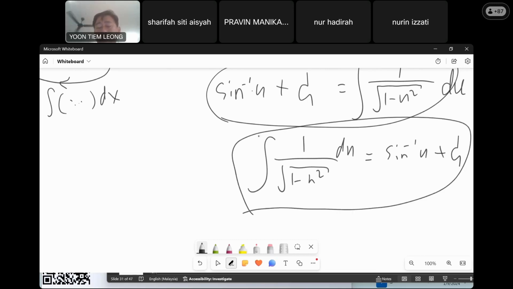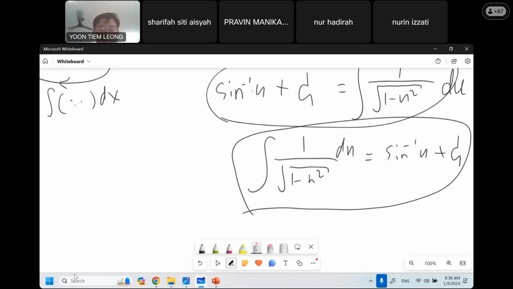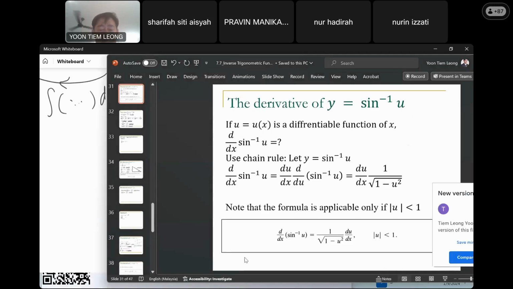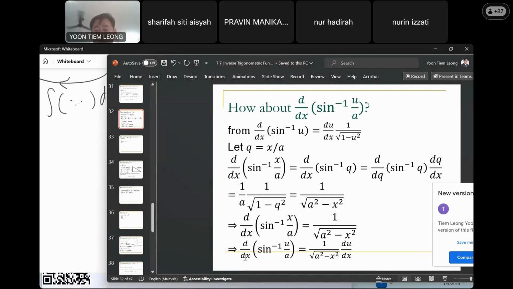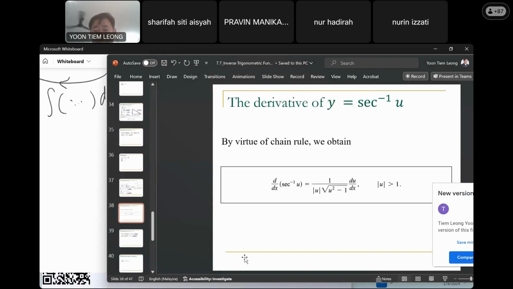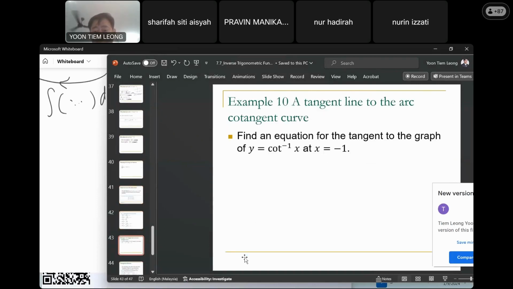This is an indefinite integration that relates the integrand 1 over square root of 1 minus u squared and its antiderivative, which is arcsine of u. So this is the result that is going to be shown in the next part of the slide. Let me try to find where this is.